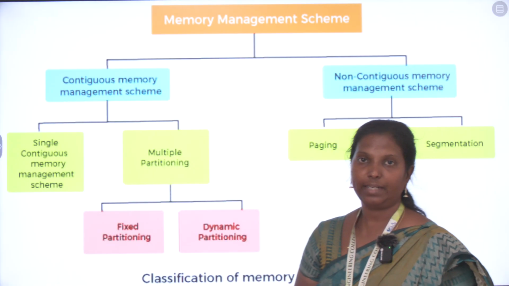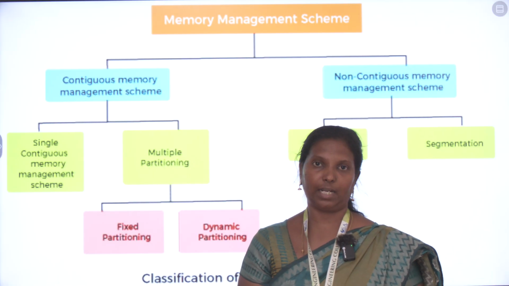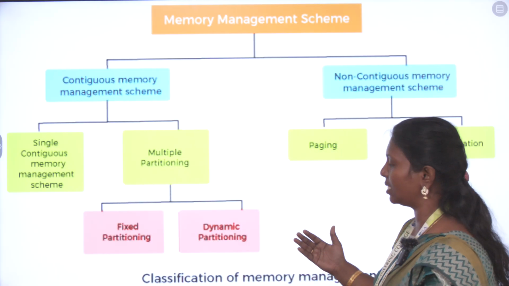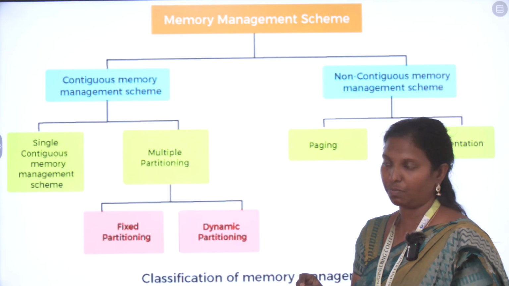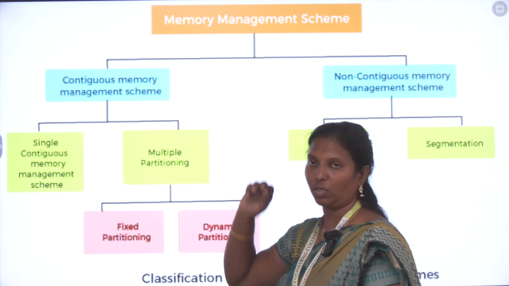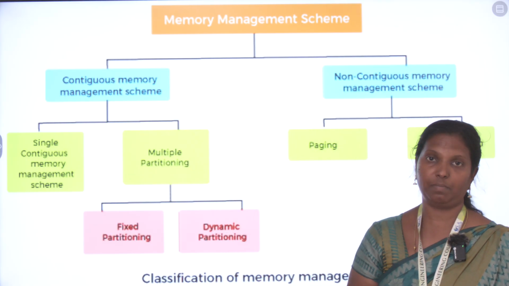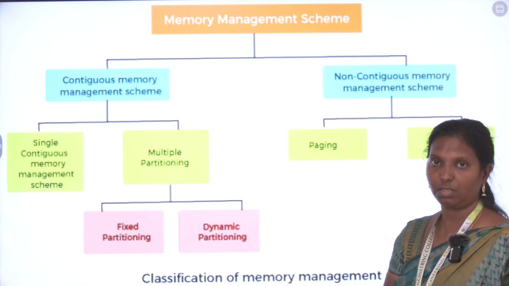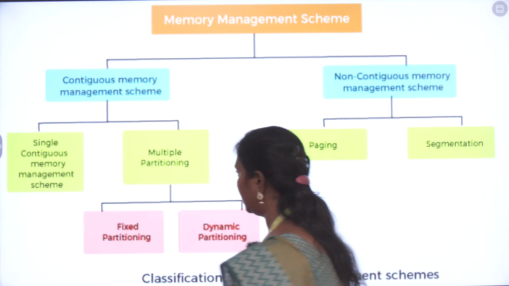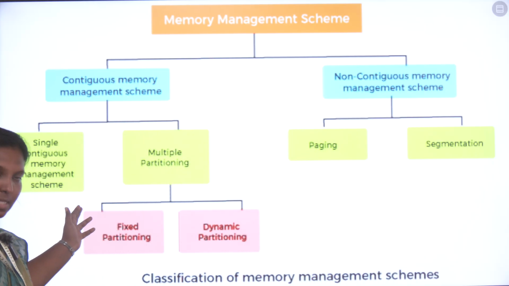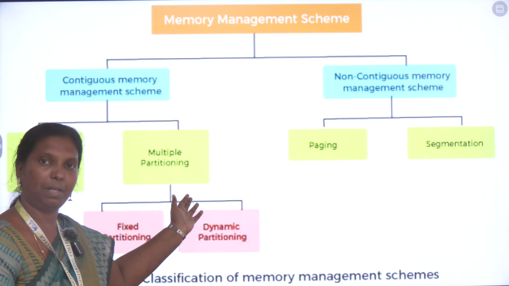First of all, I will tell you through a flow diagram how the entire allocation is partitioned. The first is the memory management scheme, which is controlled with contiguous memory allocation, and the second is non-contiguous memory allocation. Coming to contiguous, we have a single file system, single management system, and secondly multiple partitioning.